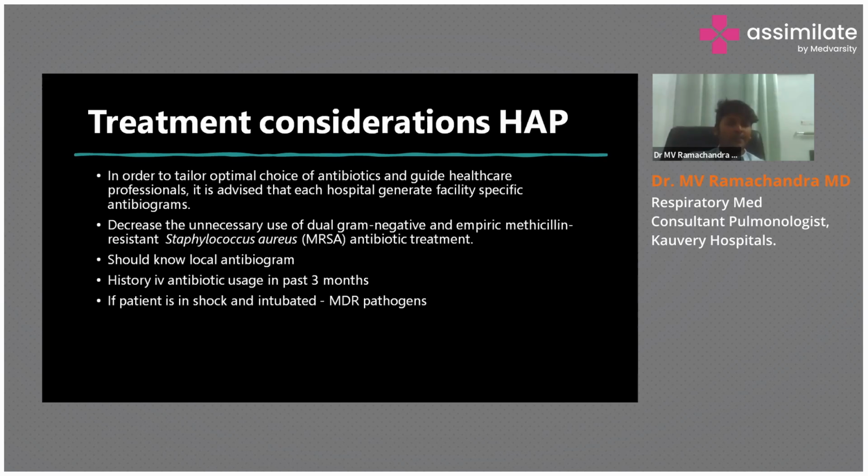So history of IV antibiotic usage is a very important thing. If the patient has been to any center and has used an antibiotic in the past 3 months, like 90 days, it can be an MDR bug. If he has not been treated properly, or if the antibiotic dosages were not sufficient, the patient could have gotten the same bug with more resistance, and it could have caused an infection.